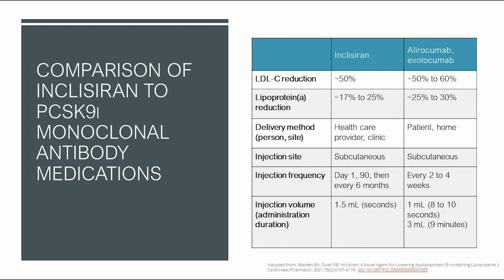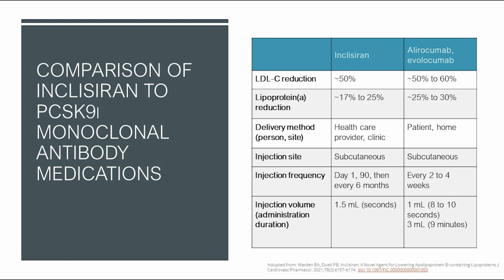Inclisiran is delivered on day 1, day 90, or at 3 months, and then every 6 months thereafter. So we're delivering this 1 or 2 times every year. Whereas our monoclonal antibodies are given standard every 2 to 4 weeks, so once or twice a month.